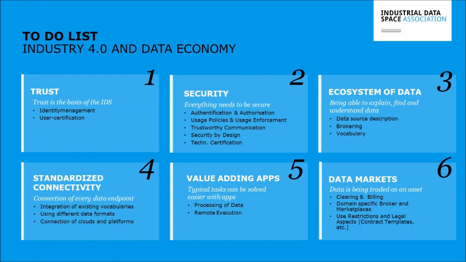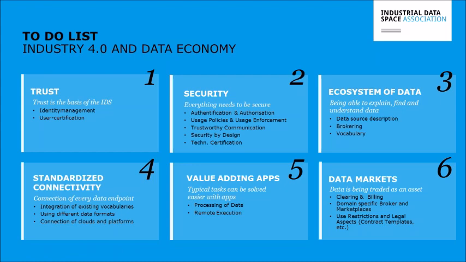Then, facing the data economy, it's fine to link data, and it's finer to make something with the data. So we have to talk about how to integrate apps into these ecosystems, and there are some technical specialties like remote execution that can be used to process the data which is then linked. And at the end, data markets are needed.